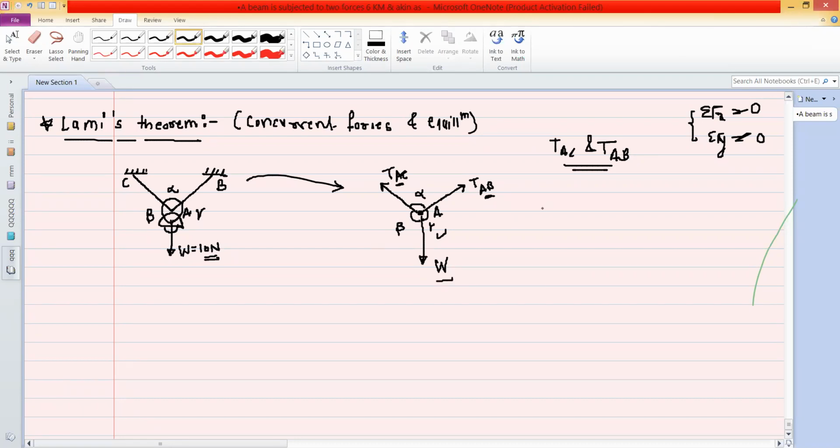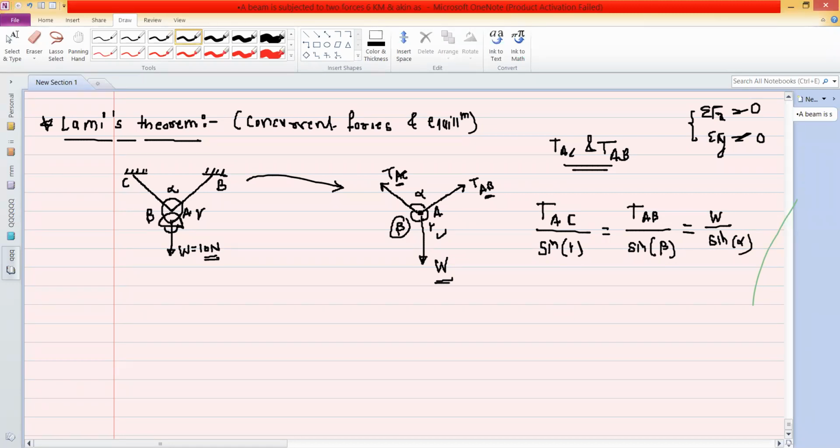So we can write the equation as tension AC divided by the sine of the opposite angle, that means gamma, is equal to tension AB divided by sine of the opposite angle, that is beta, is equal to W divided by sine of alpha.